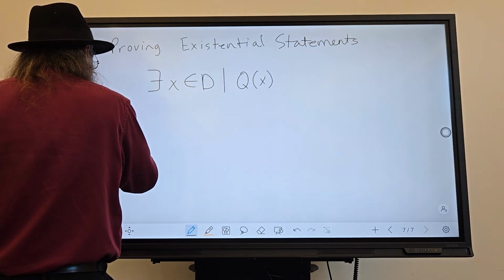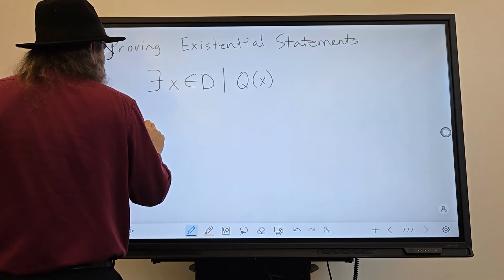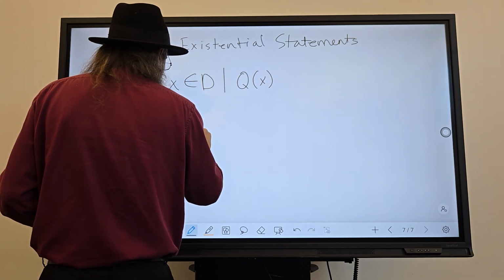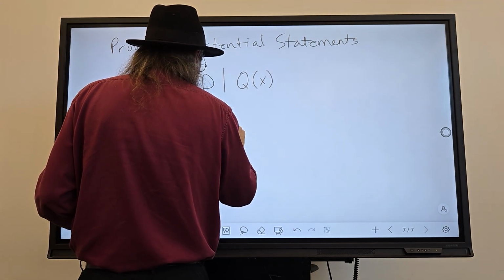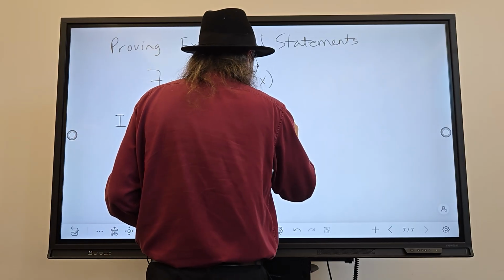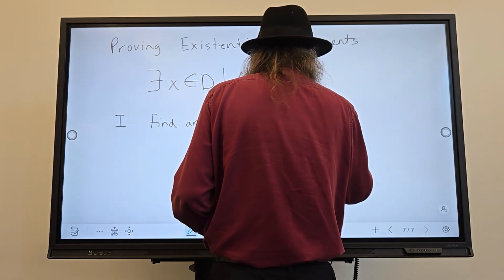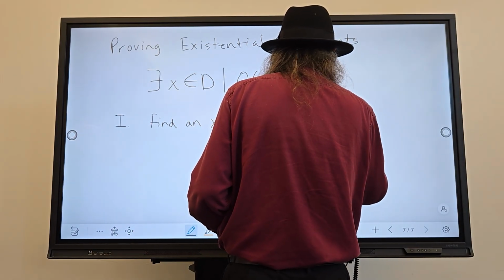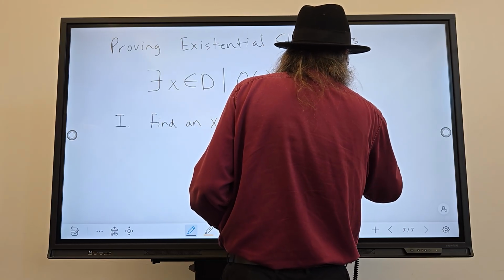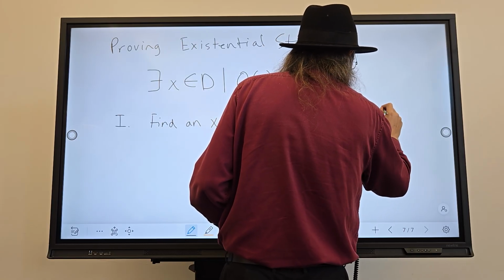So there exists an x in D such that Q of x is true. Method 1, find an x in D that makes Q of x true.